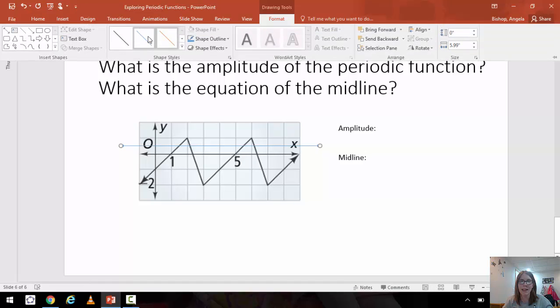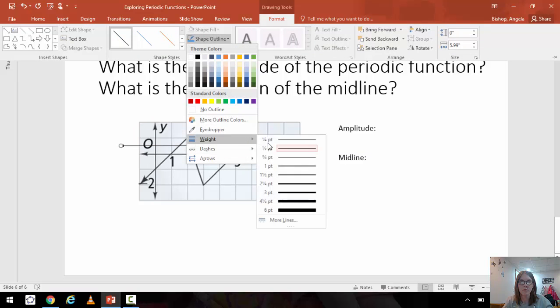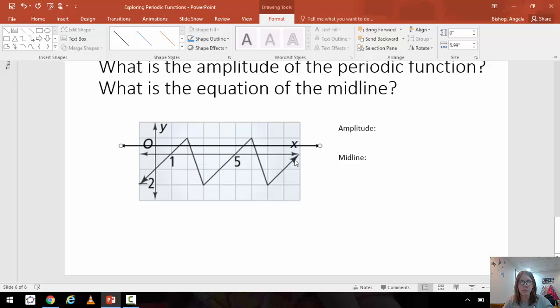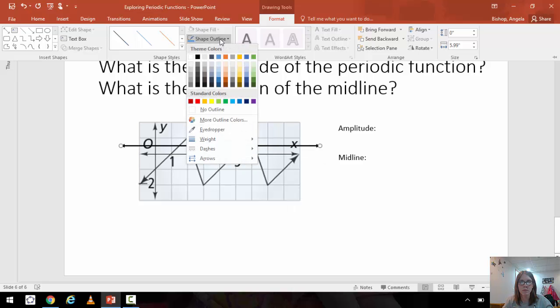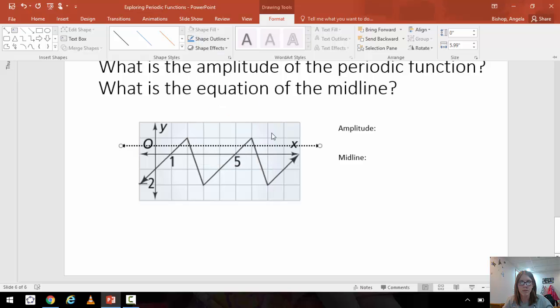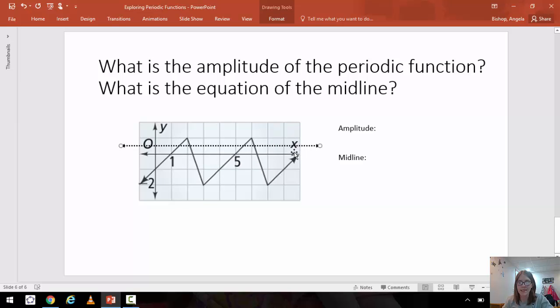Well, that's not it, right? This line does not divide my periodic function in half.